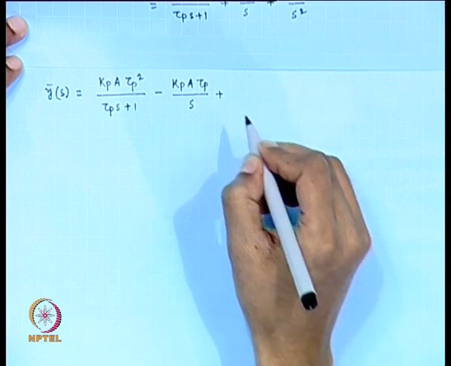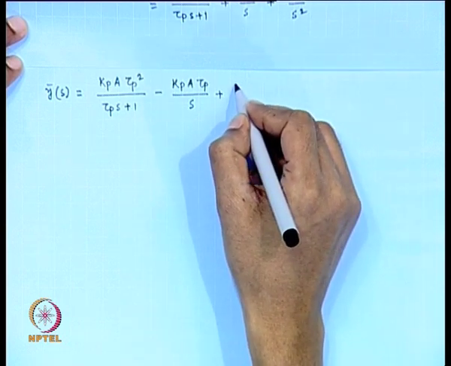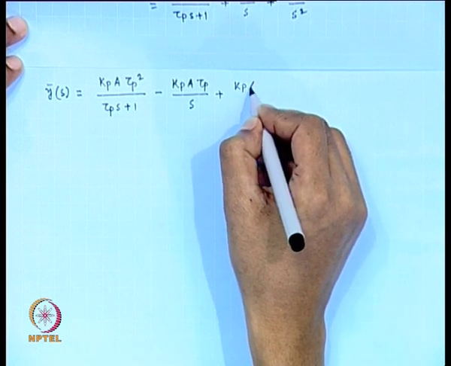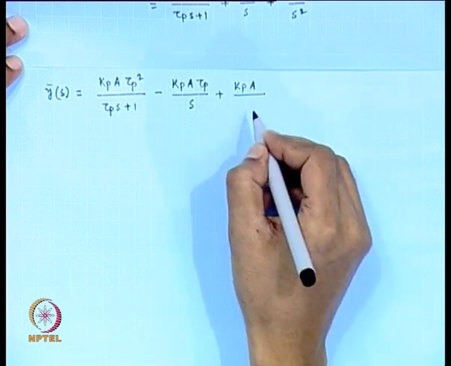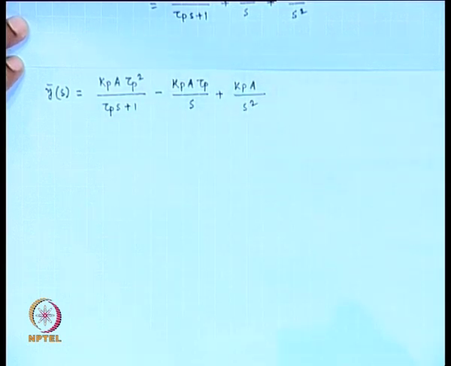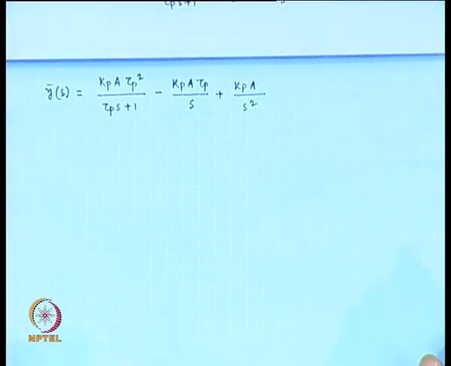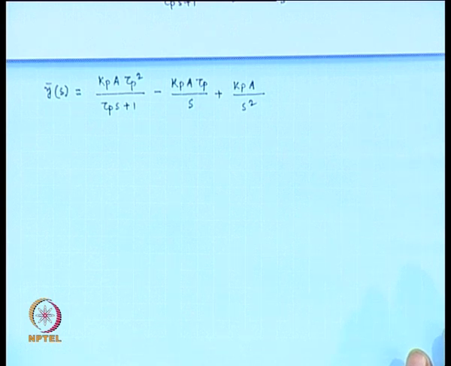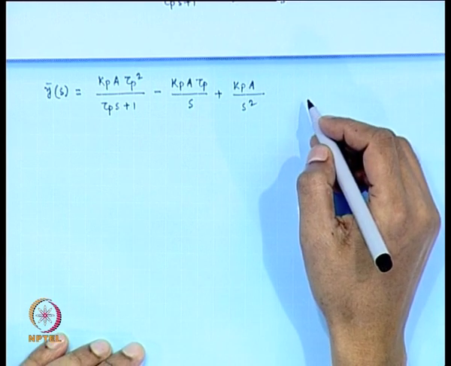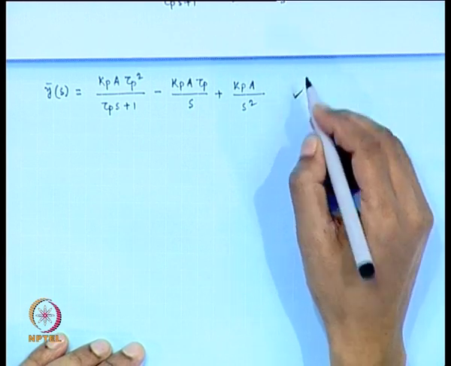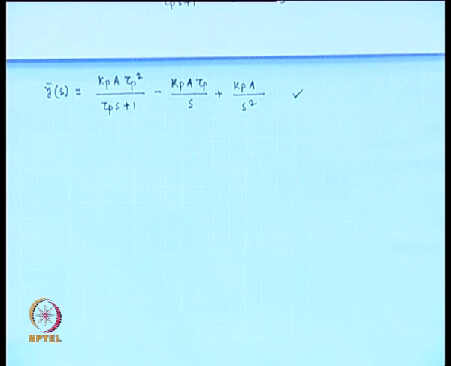The third term involving C 3 becomes K p a divided by s square. After introducing the ramp input to the process, this is the output in Laplace domain.